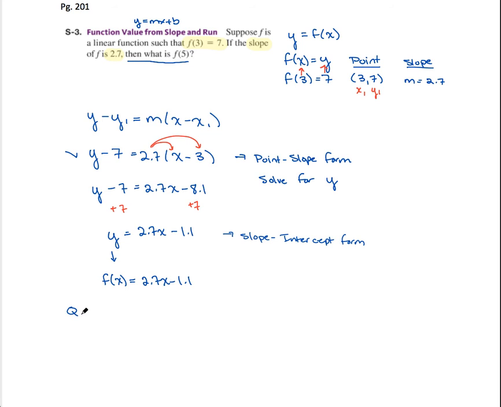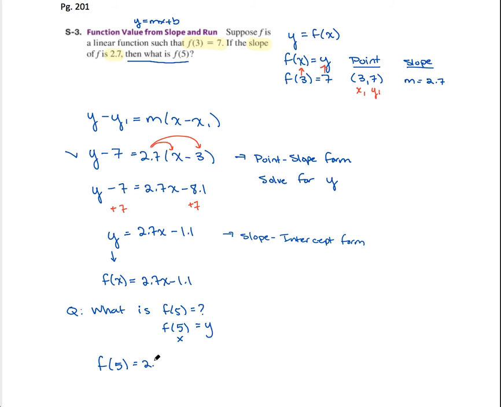This question is asking us, what is f of 5? This is saying, what is y when x is 5? Okay, so find the output when the input is 5. Well, we have the function, so let's just substitute and then evaluate the function when x is 5.